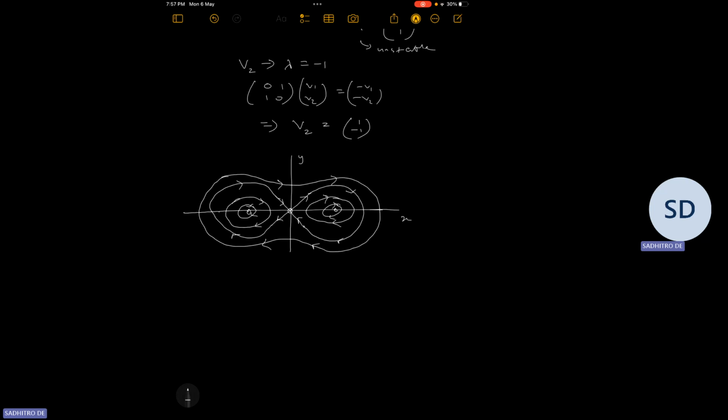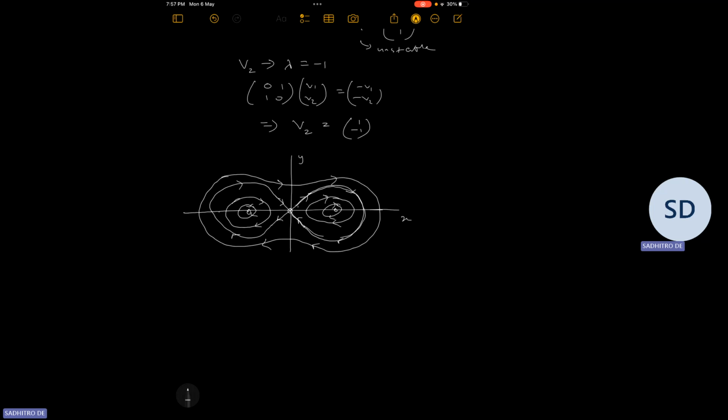So you see there are small oscillations about these centers, and there are large oscillations which encompass both centers, and in between them there is a borderline trajectory which passes through the origin and again comes back and settles into it. So this trajectory goes on like that, and it comes back and sits at the origin.